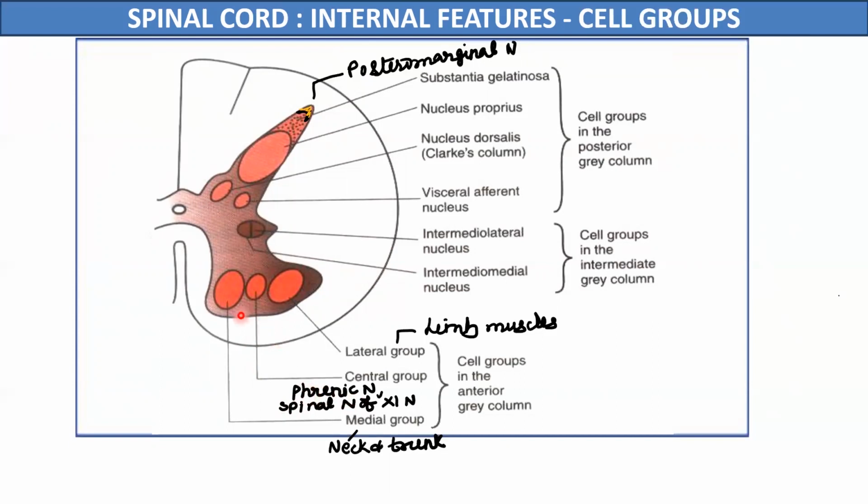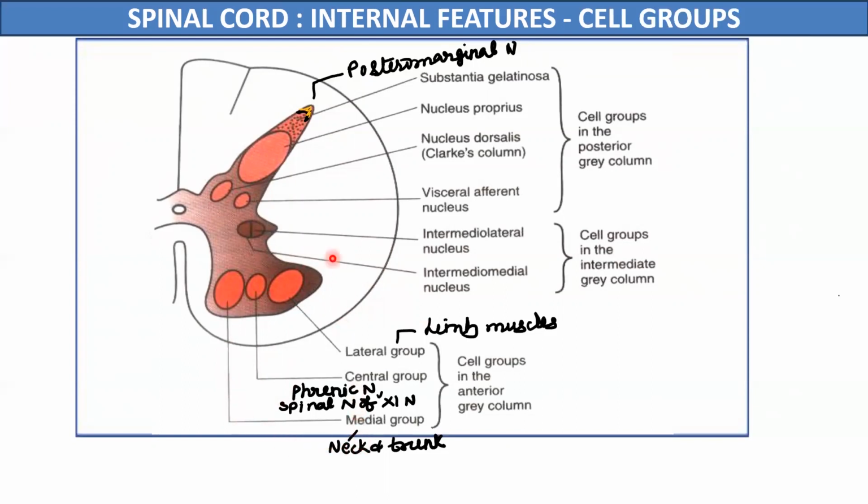So in the anterior or the ventral horn of the gray matter, the motor neurons are arranged in three groups: a lateral group which is innervating the muscles of the upper limb and lower limb, a central group which will form the phrenic nerve nucleus or spinal nucleus of accessory nerve, and a medial group for innervation of the muscles of the neck and the trunk.